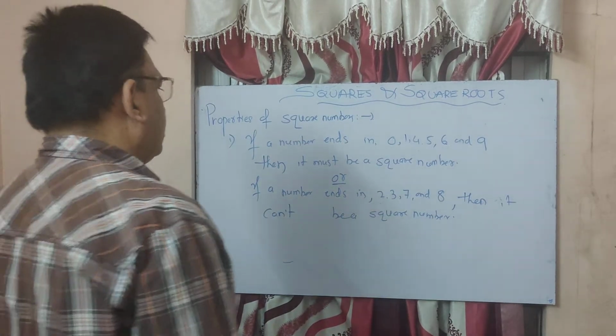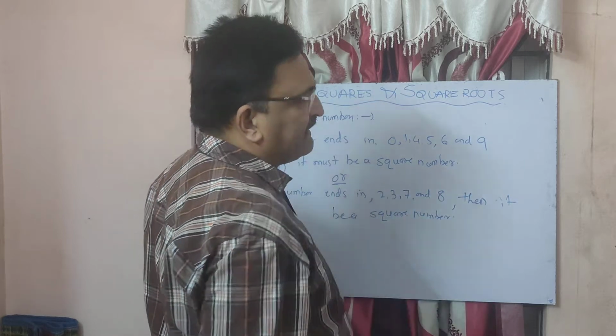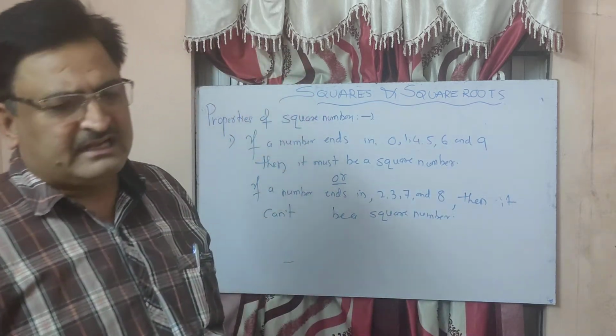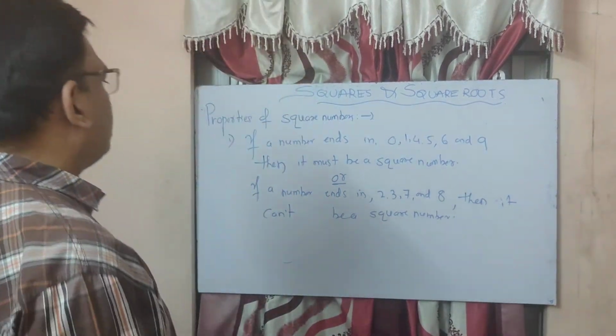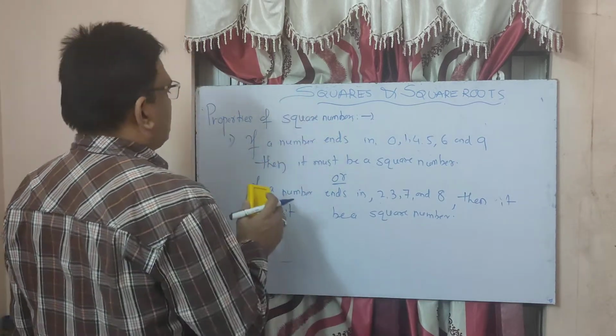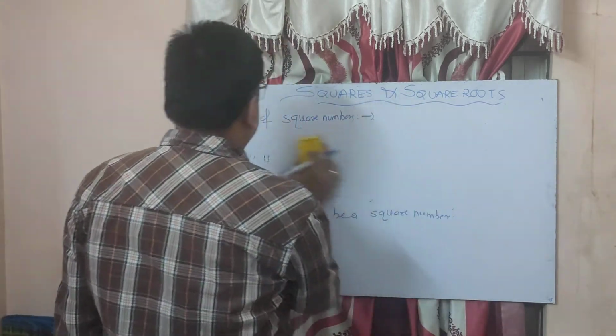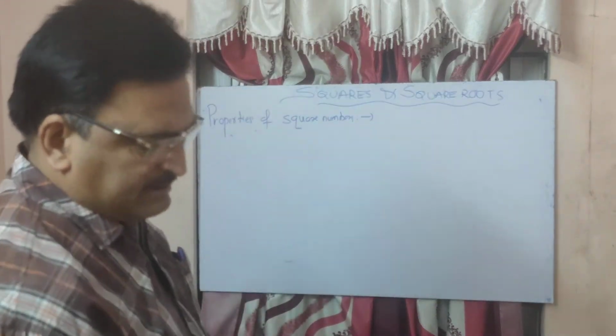But if the ending numbers are 2, 3, 7 and 8, then you can say with guarantee that they cannot be perfect squares. Okay, now this is the first property. Now let us move to the second property.